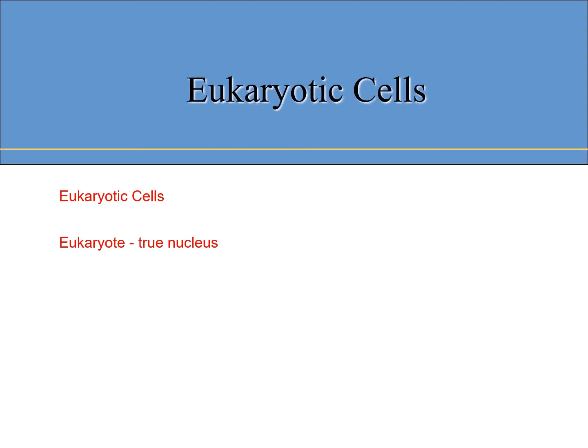Good. So let's move on to eukaryotic cells. Remember, eukaryotic cells, the domain Eukarya, covers everything other than the prokaryotes, and that includes the protists or protozoa that are single-celled eukaryotic cells that are neither plant nor animal, the fungi, algae, all the animals, and all the plants.